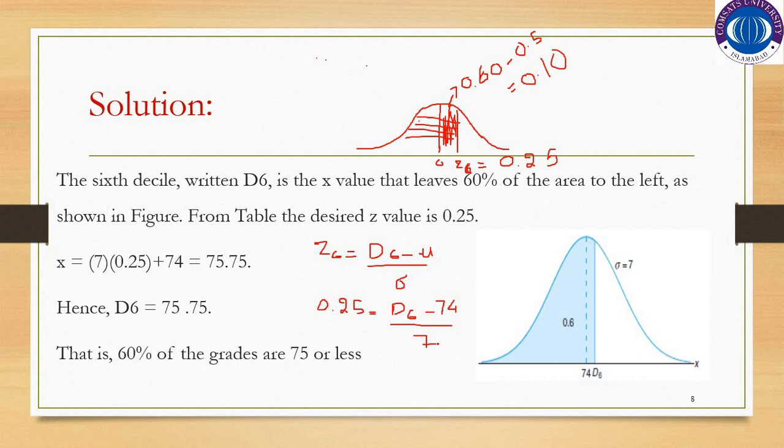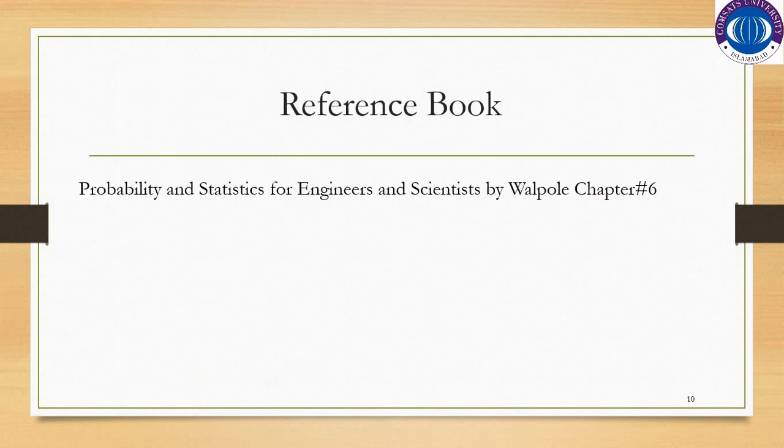By simplifying this, you get D6 is equal to 75.75. That is, 60% of the grades are 75 or less. So this is the way to find D6.